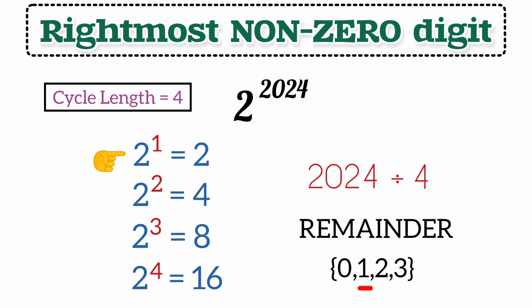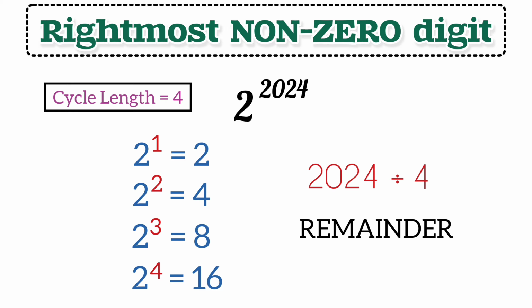So that power will end in 2. If you get remainder 2, look for the second term in the cycle. That power will end in 4. If you get remainder 3, the third term is 8. Most importantly, if remainder is 0, look at the last term in the cycle. So the last digit would be 6.